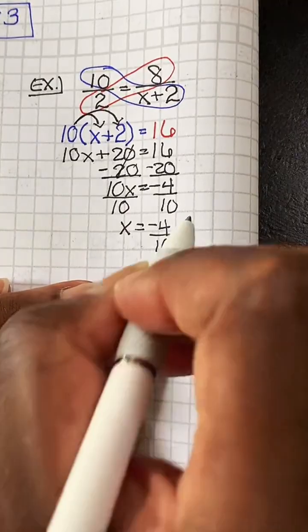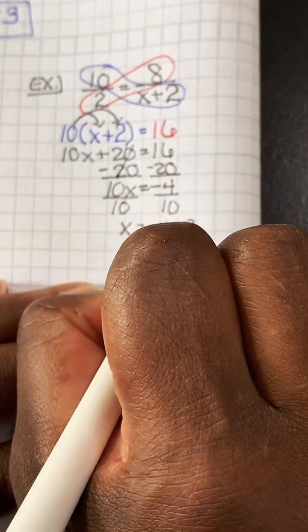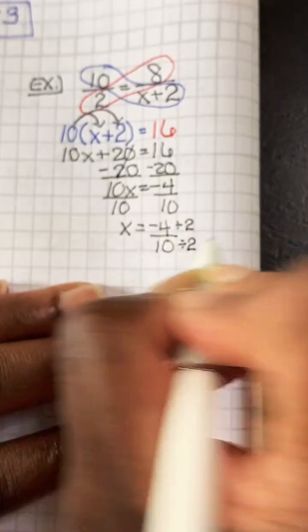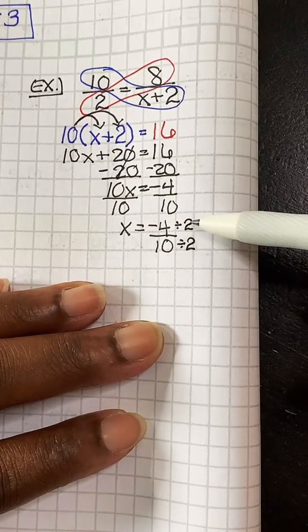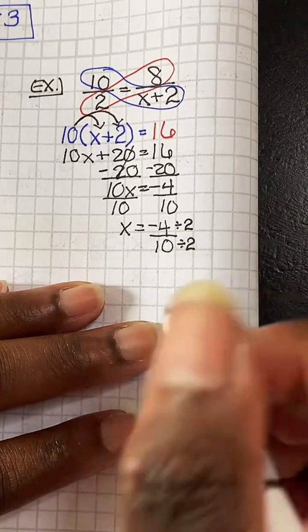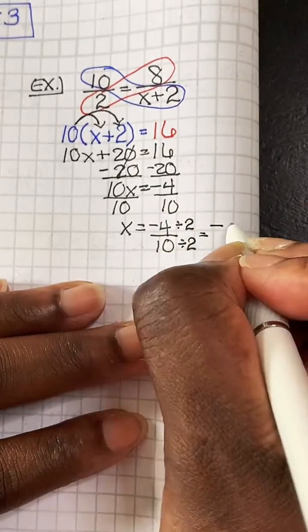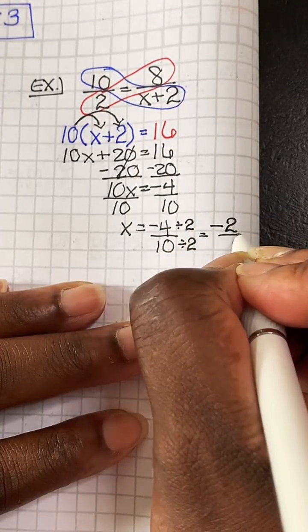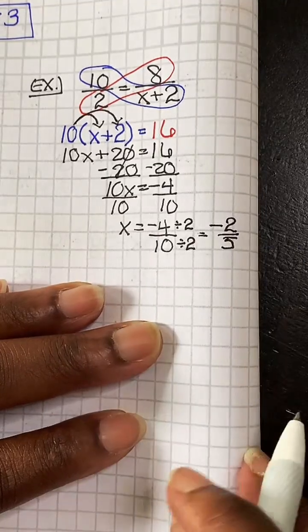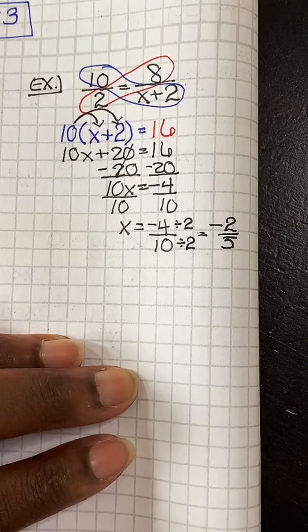So the best one would be by 2. Yes, if I try to divide by 4, that works for the 4, but that does not work for the 10. All right? So now I have a fraction of negative 2/5. So that's what my answer is going to be.